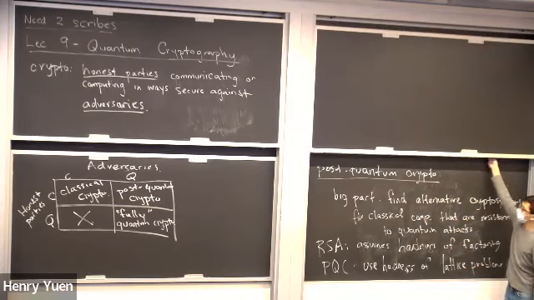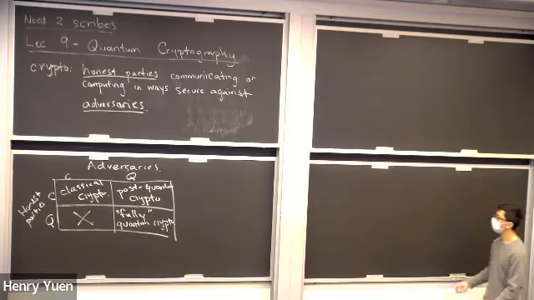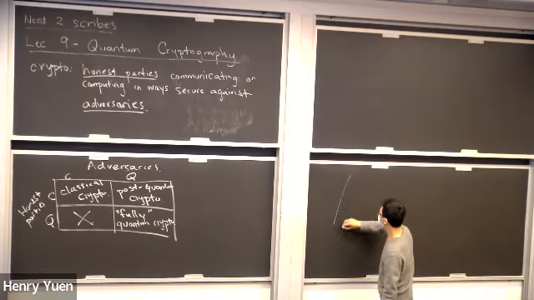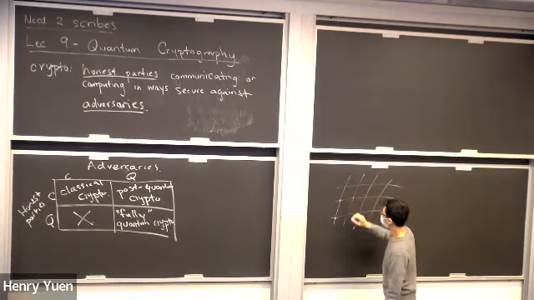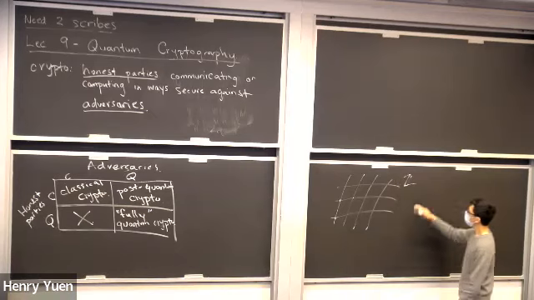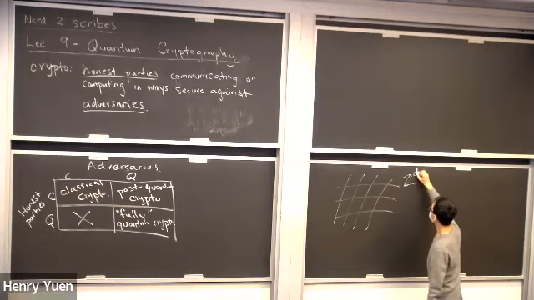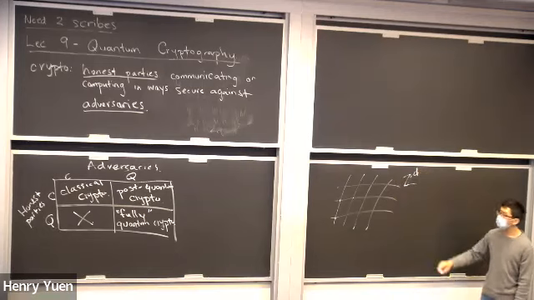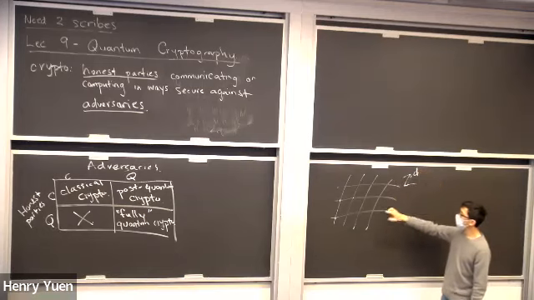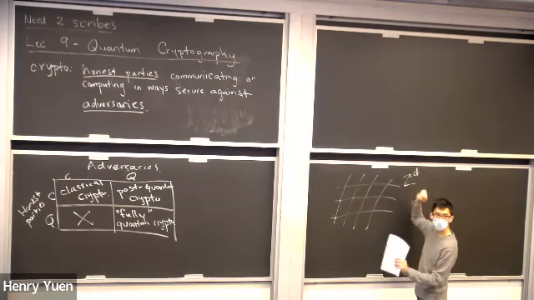Basically, it's a mathematical problem where the input is a description of some discrete lattice. You're given a bunch of points. This is 2 dimensions for now, but let's imagine that you have points in the integer lattice Z^d, and you have some periodic set of points.